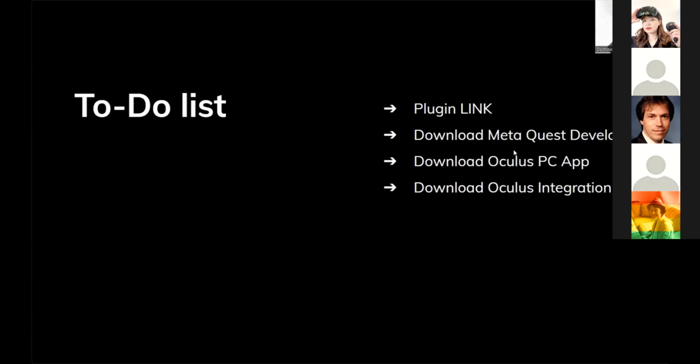Downloading Meta Quest Developer Hub is optional. For example, if your Link is not working, you can export to APK and just slot it in. It's much easier. Also, download the Oculus PC app. This one will really save you a lot of time.